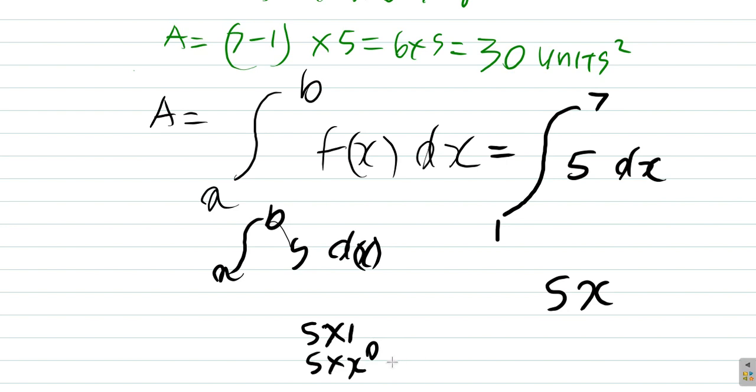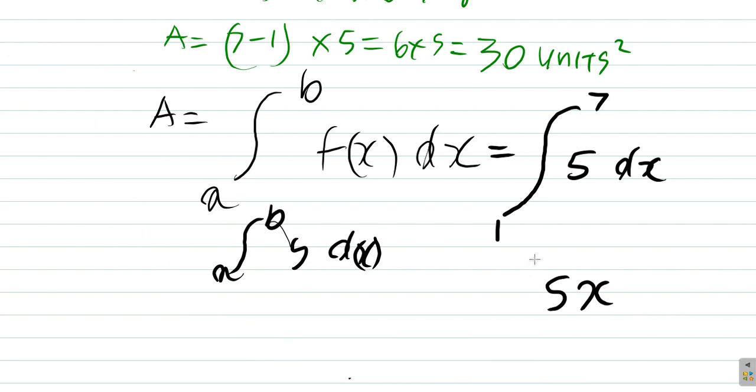So when you integrate, what you do is add 1 to the power of x, and divide by the new power. You add 1 to the power, so you have x to the 0 plus 1 over 0 plus 1. So it's just 5x to the 1 over 1, which is 5x. Just as a reminder, right? So here, this is 5x.